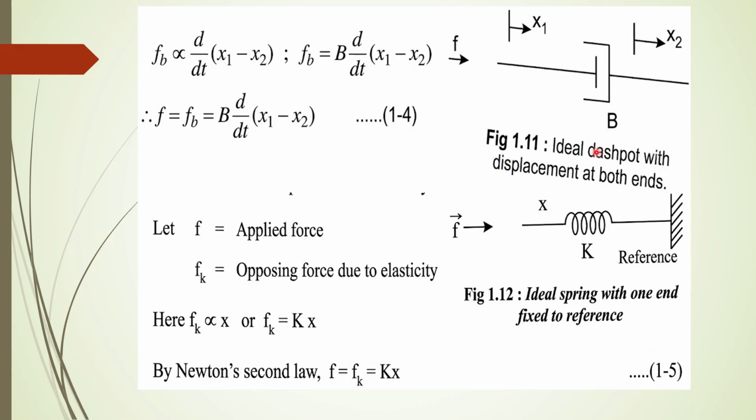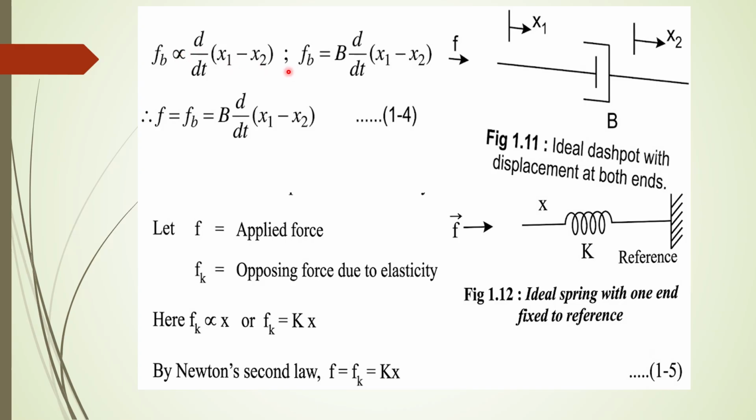Next, ideal dashpot with displacement at both ends. So here, before and after. Before the displacement we are calling it x1, after we are calling the displacement x2. Fb is the opposing force due to the friction of the dashpot. So Fb is directly proportional to d over dt of x1 minus x2, because here the dashpot has displacement at both ends.